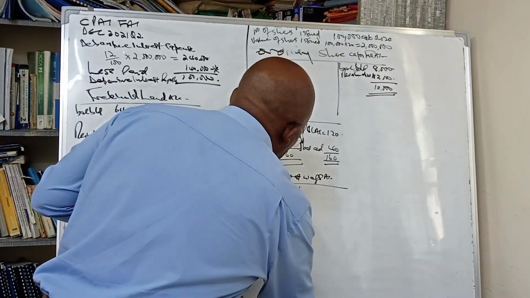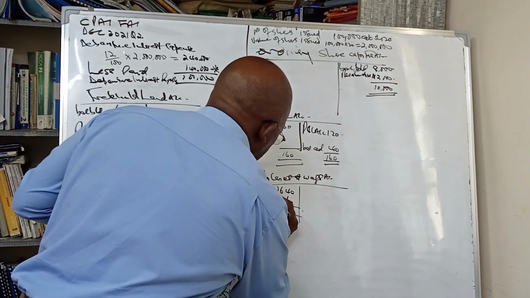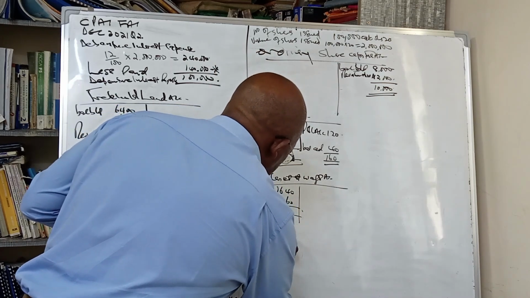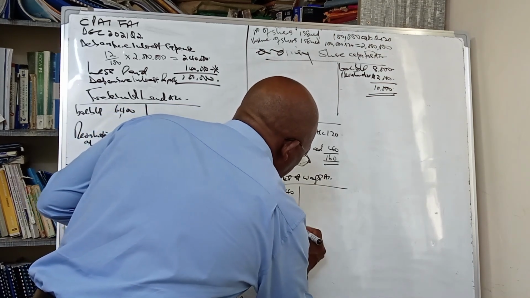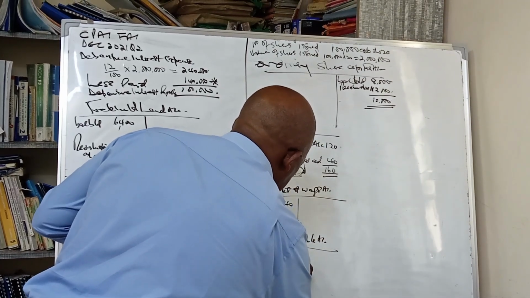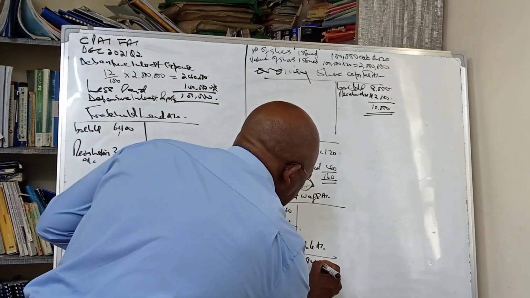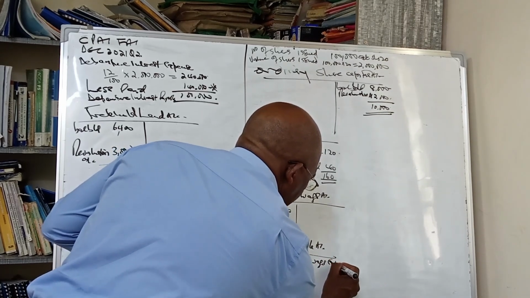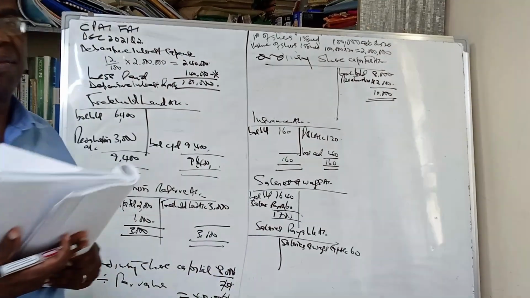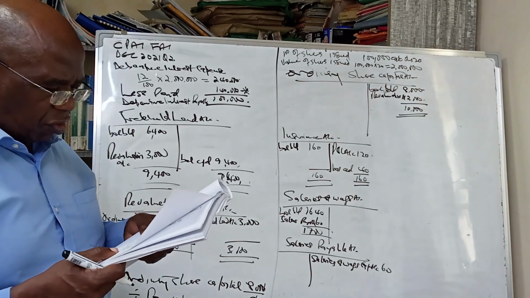So it becomes a payable. We have a liability called salaries payable, which has a credit from the salaries and wages expenses account of 60. This is a current liability to be captured within the balance sheet.